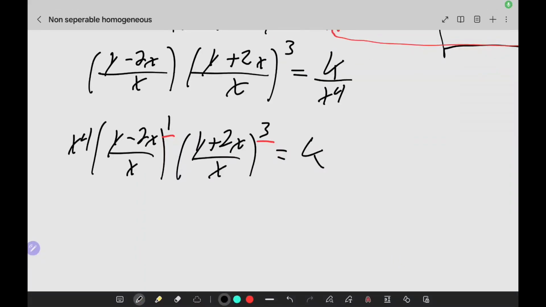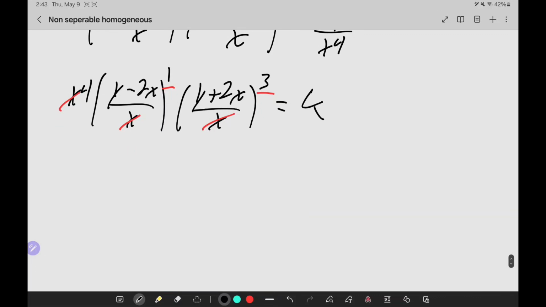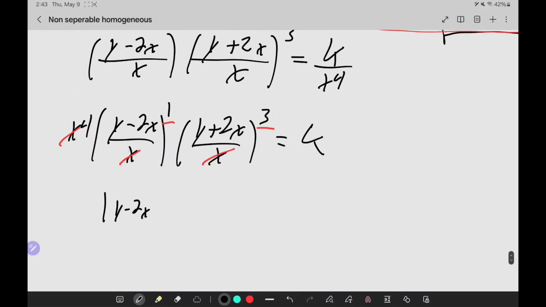So now from this point on, you're able to just cancel out the denominators here with this term over here. So then we're just left with, I'm going to be completely honest with you, I'm not entirely sure how this works, but this is how I've always thought of it. It's how I've always done it.